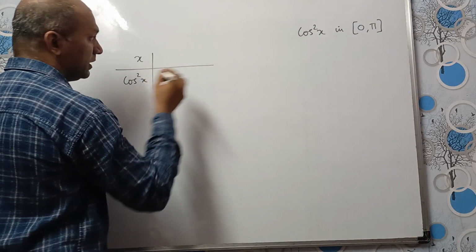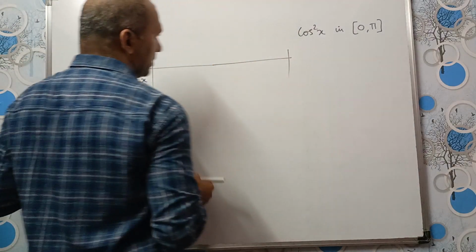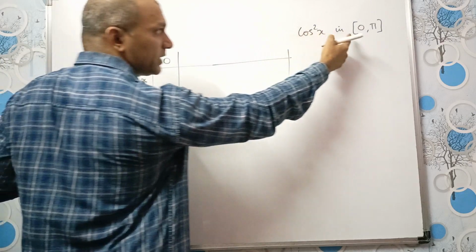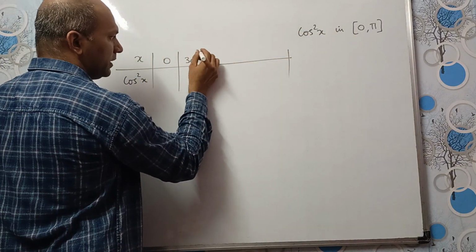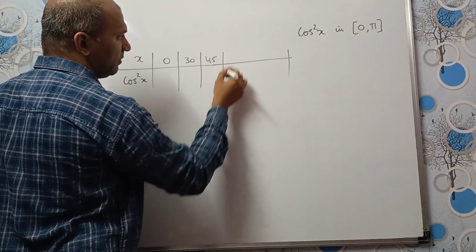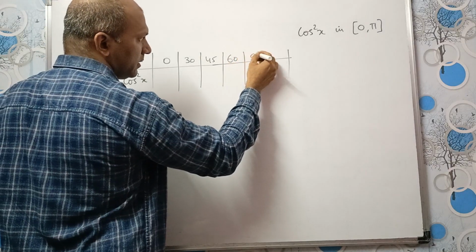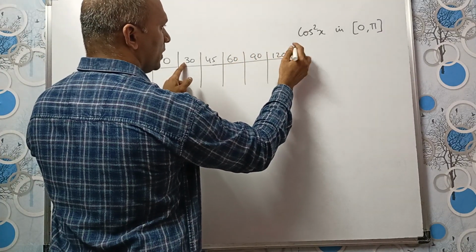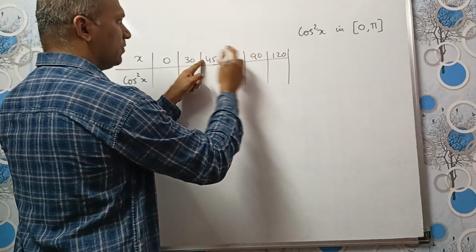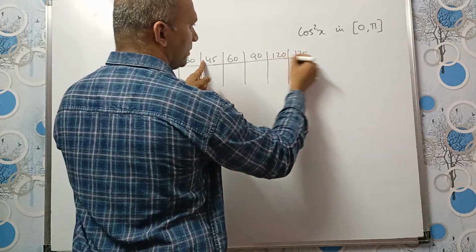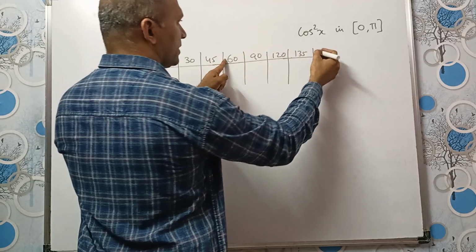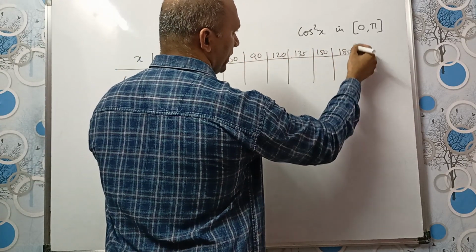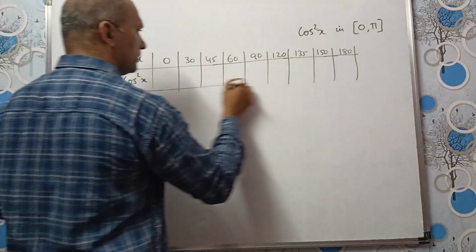Let us write the table. 0 degrees, 0 to pi, including 0 and pi, right? 30 degrees, 45, 60, 90, then 120, 135, 150, and 180. These many values, right?